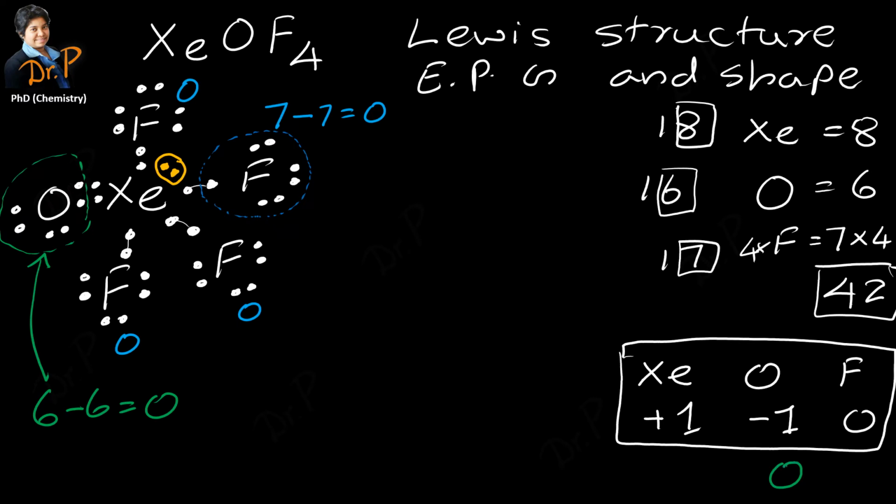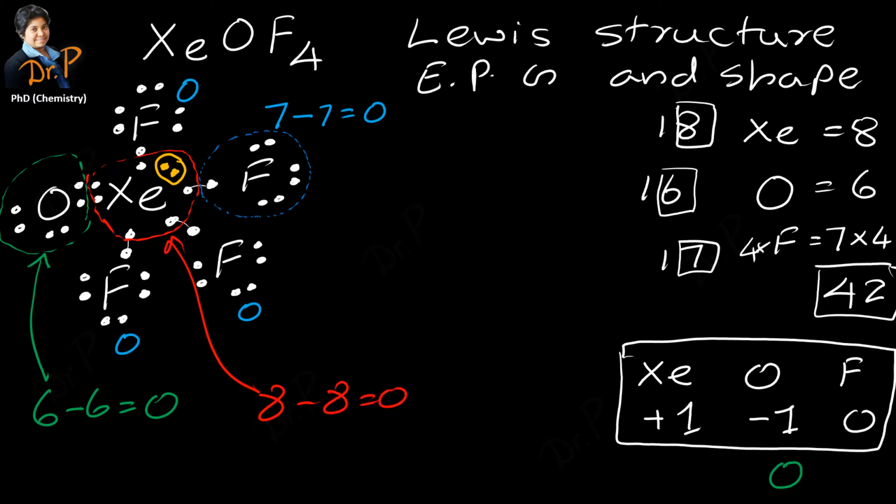And what happened to xenon? Let's check the total number of electrons around xenon. Xenon has the valence number 8. And in the structure that we have drawn, now xenon has 1, 2, 3, 4, 5, 6, 7, 8 electrons.